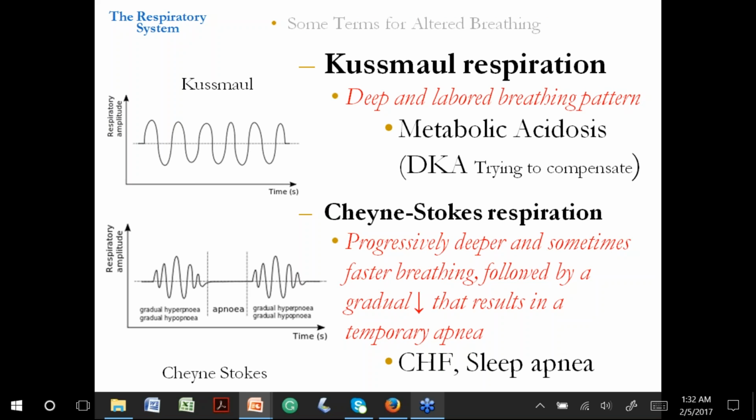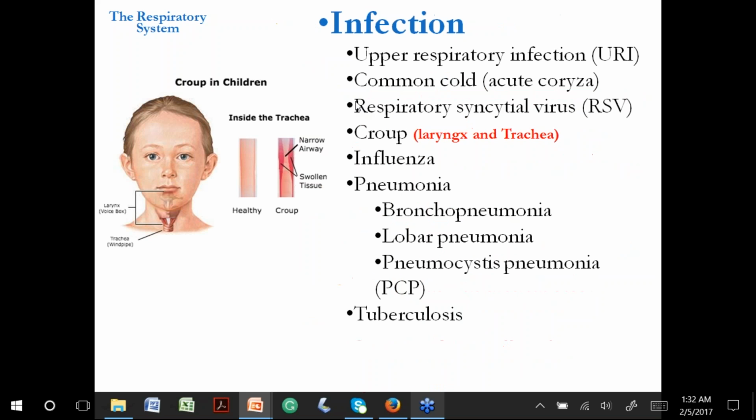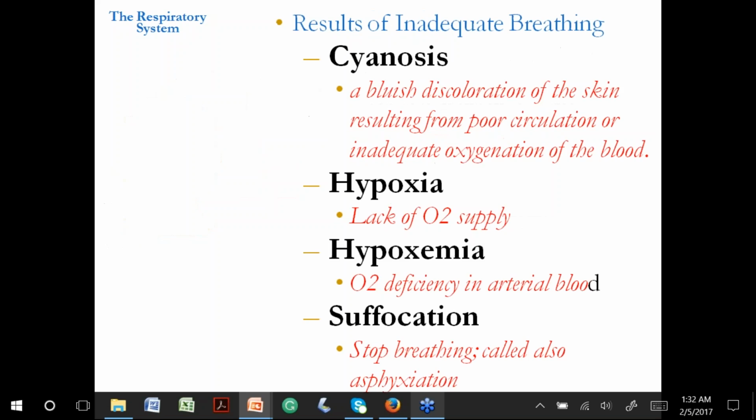All right, so let's keep going. Cyanosis is a bluish discoloration of the skin, especially on the lips and the distal portions of your fingers and toes. Hypoxia is lack of oxygen supply, so it's a hypoxic patient.